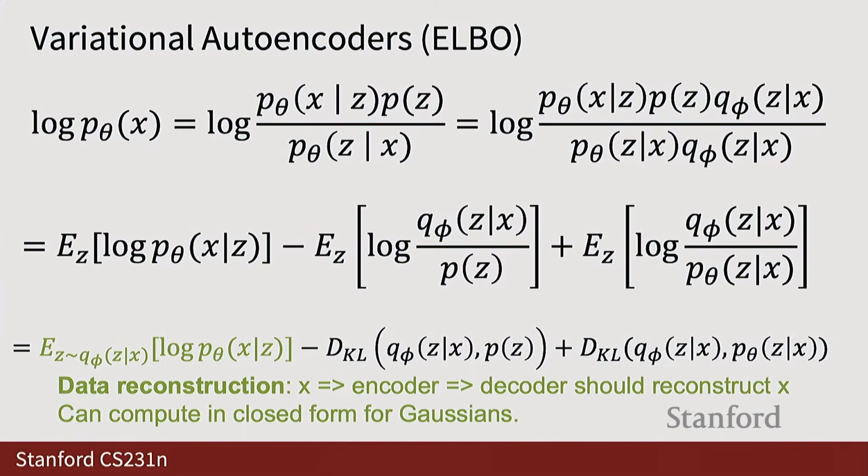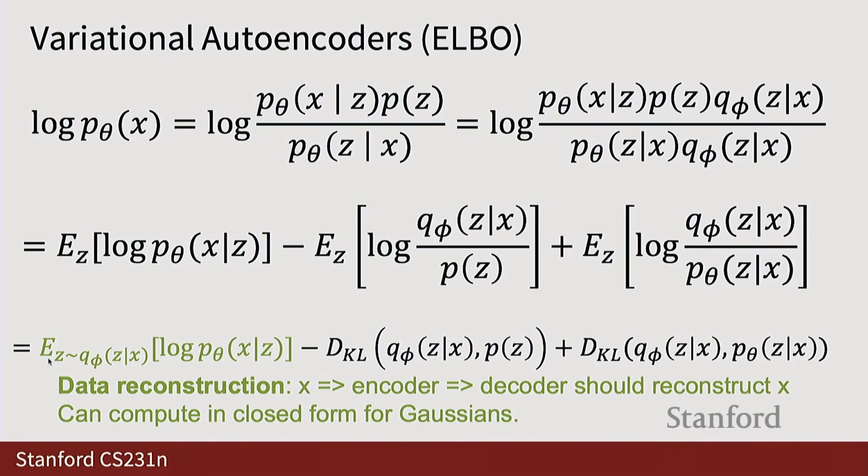This first one is actually a data reconstruction term. If we walk through what this is saying, we're going to sample a z, and the way we're going to sample the z is by q of z given x, which is our encoder. So we're going to take our x and pass it to the encoder. The encoder is going to predict a distribution, q of z given x. Then from that predicted distribution, we're going to sample a z.